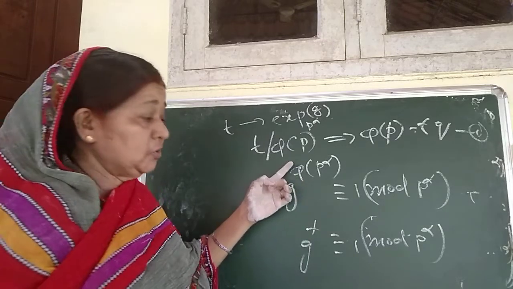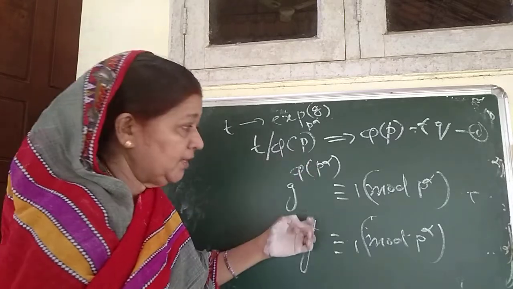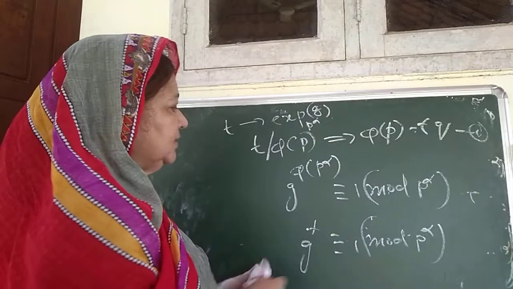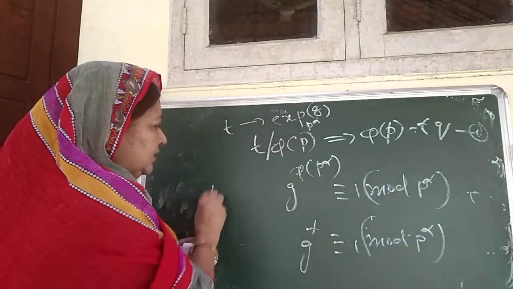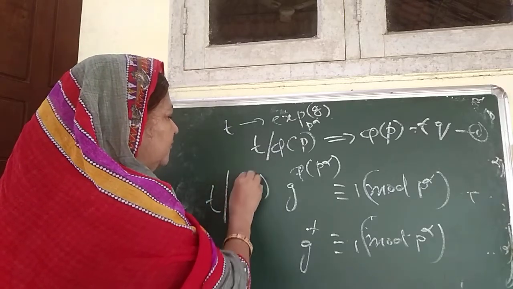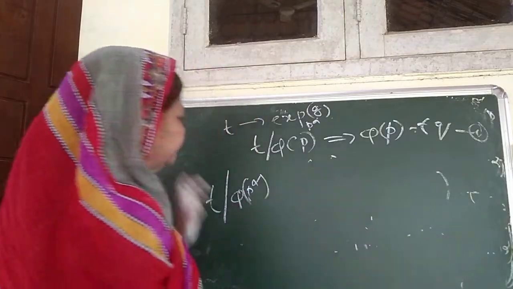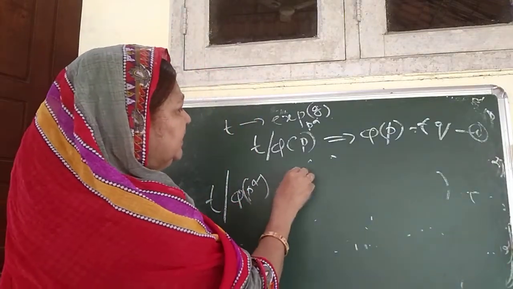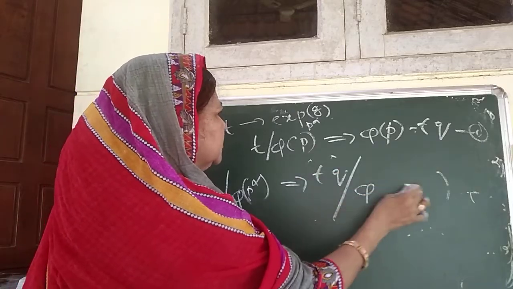But to prove the theorem, we have to show that phi of p raised to alpha equals t. For that, it is the least number. So t divides phi of p raised to alpha. That is, t into q divides phi of p raised to alpha.